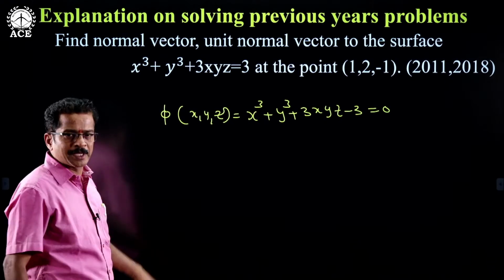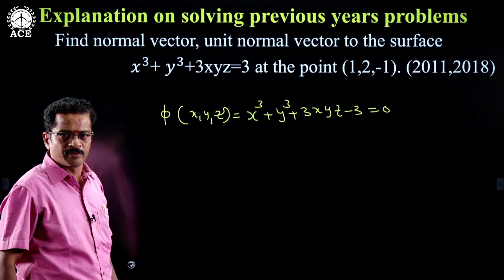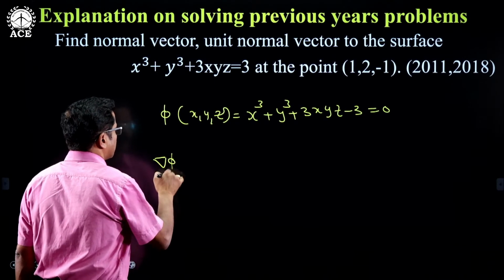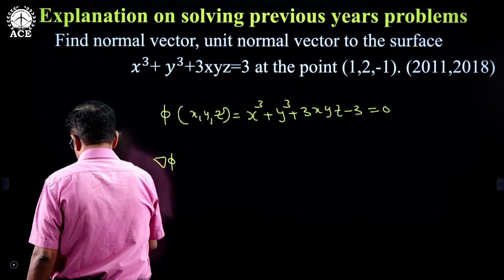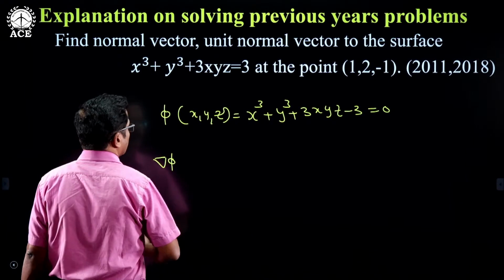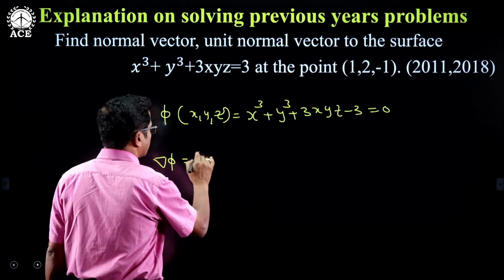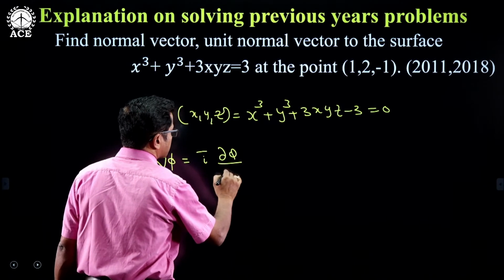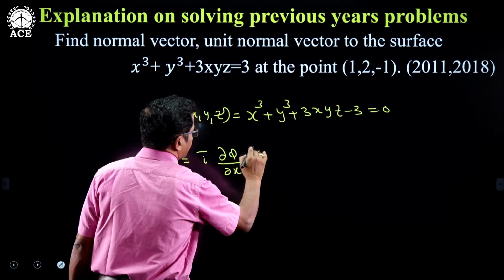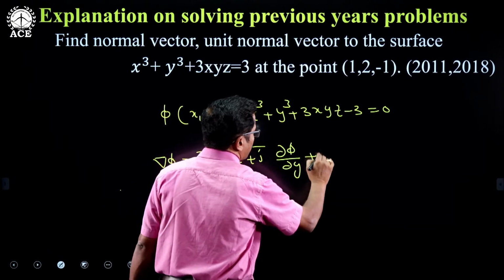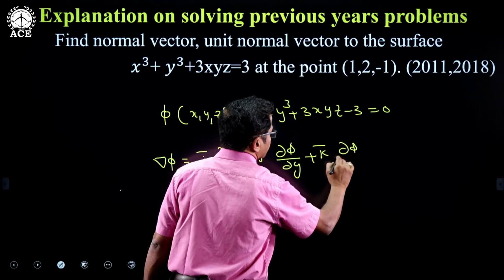For this I will apply gradient. Now del phi equals i bar into dou phi by dou x plus j bar into dou phi by dou y plus k bar into dou phi by dou z.